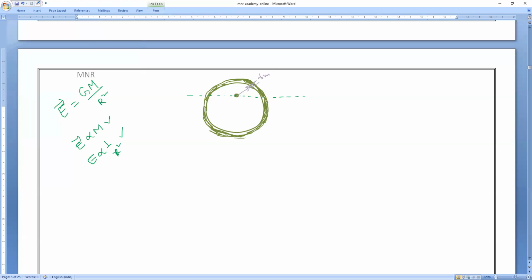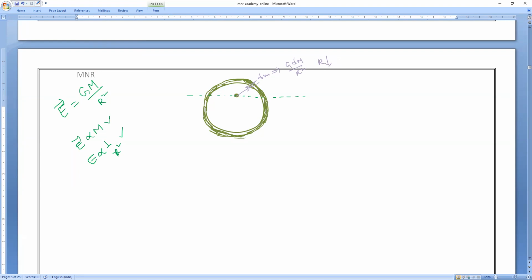So dm mass means dG m divided by r square. Now see, mass is okay, but is the r value less or more? Everybody. Yes, please, speak loudly. So here the r value is less.